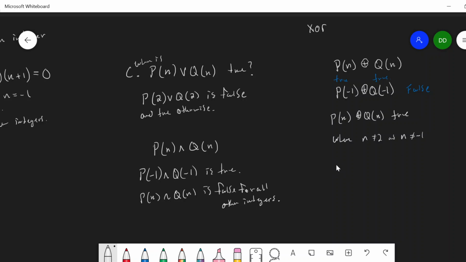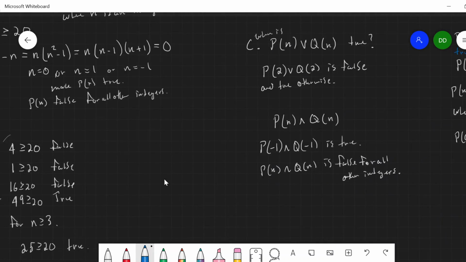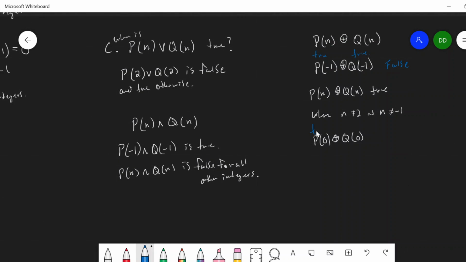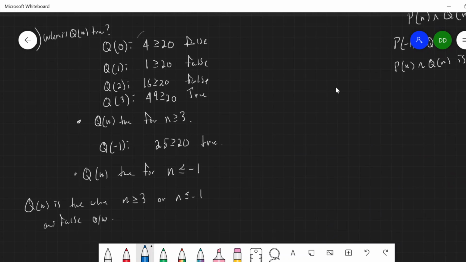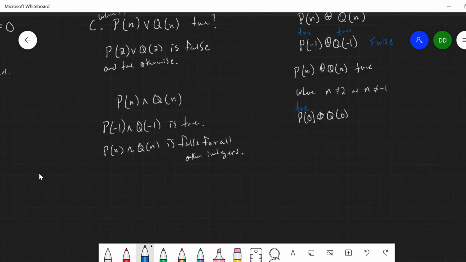We can do a quick check. Maybe let's try 0. It doesn't hurt to go through some of these in detail. So in this case, we can check P of 0. P of 0 is true. And Q of 0 is false.